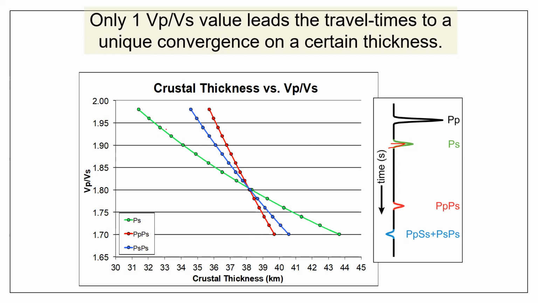The green one is for the PS converted phase, the blue one is for the PPSS multiples, and red is for the PPPS phase. When we plot the amplitudes with respect to the varying value of Vp by Vs and the crustal thickness, wherever these contours cross each other, that point of intersection will be associated with the true value of H and the Vp by Vs ratio.